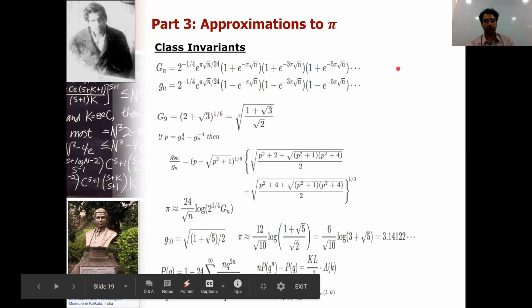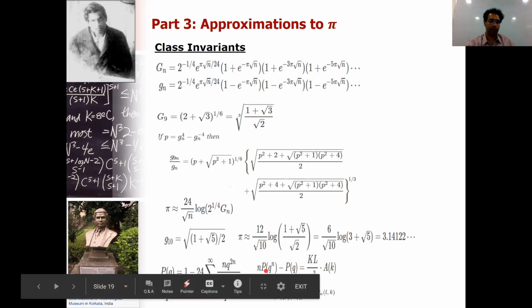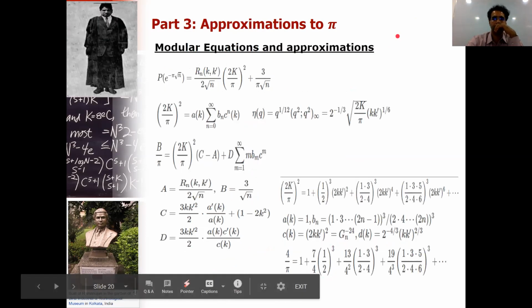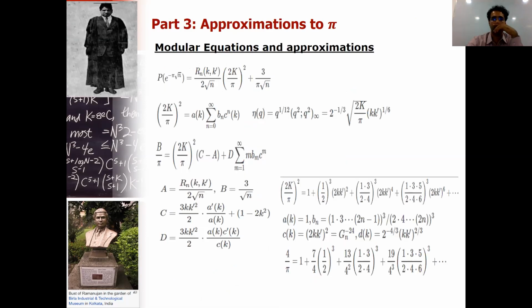And then at this point, what Ramanujan did was he formed a specific polynomial equation, defined here, and then he solved for it. So once you solve the differential equations shown in the previous page towards the end, where you have p, q, and r, and you plug in the value of q and q to the power n, you end up with a specific generic form as described here.